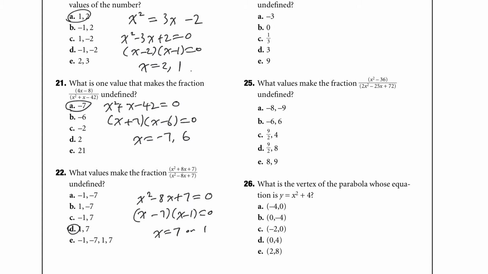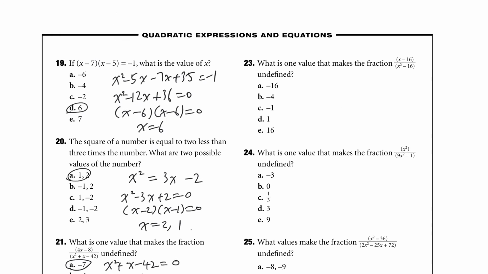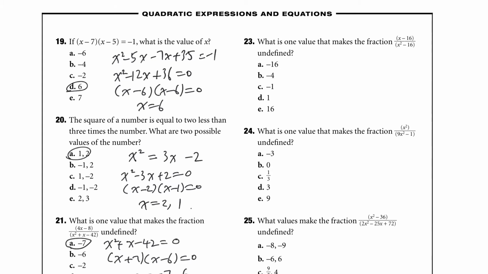D. Okay, moving on. Number 23, what is one value that makes the fraction undefined? Same thing. This time, set the denominator as usual equal to 0. This is difference of squares factoring. So x is equal to plus minus 4.